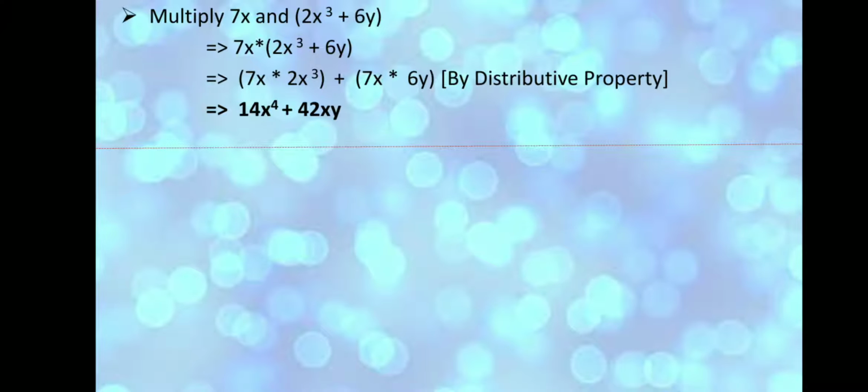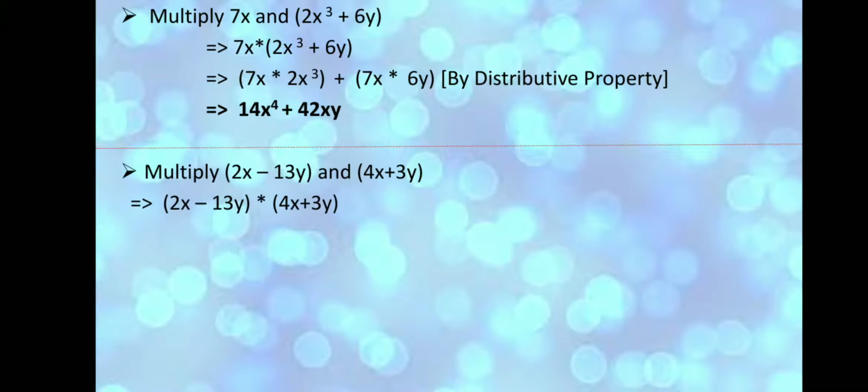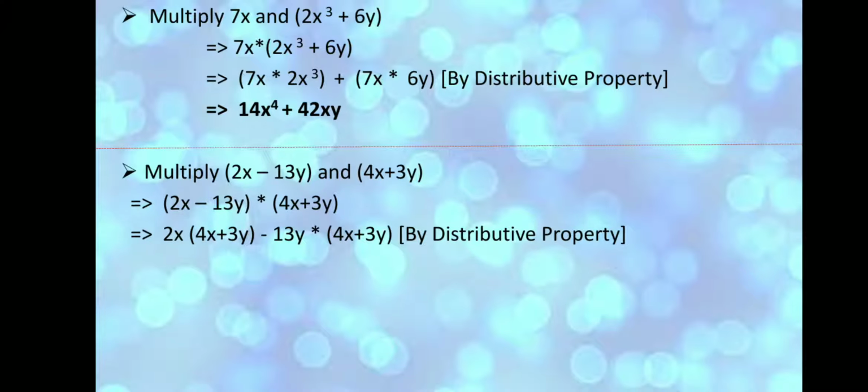Now let's take another example. If you have to multiply 2x minus 13y and 4x plus 3y. So first, in the place of "and", you'll put the multiplication symbol. And now what will you be doing? By the distributive property, your 2x will be multiplied by 4x plus 3y, and your minus 13y will be multiplied by 4x plus 3y.